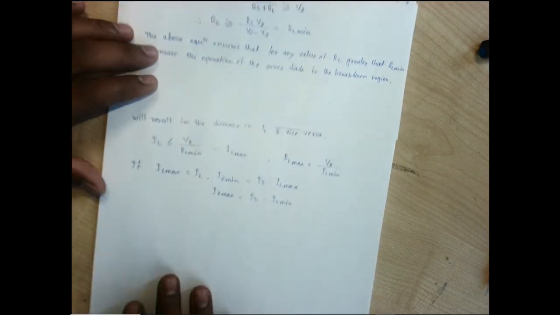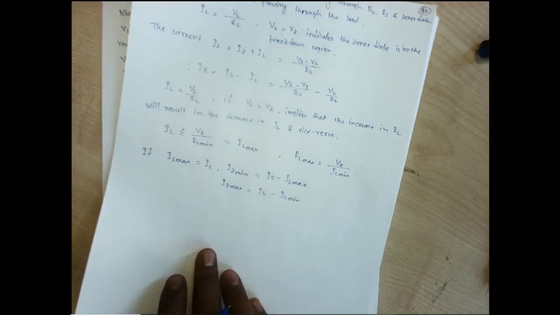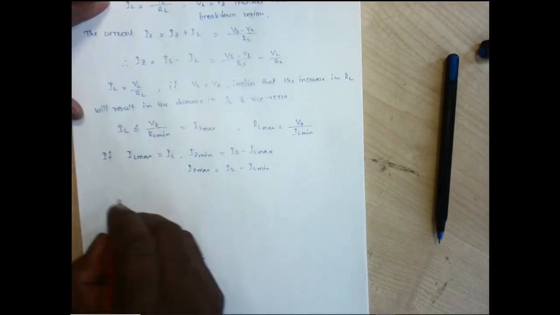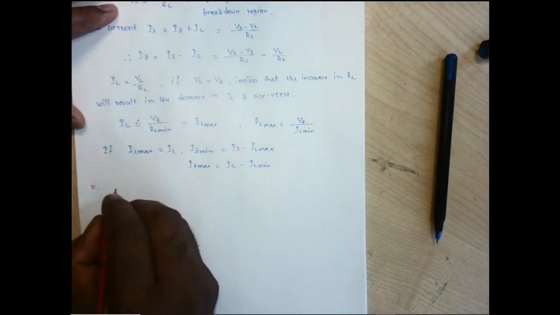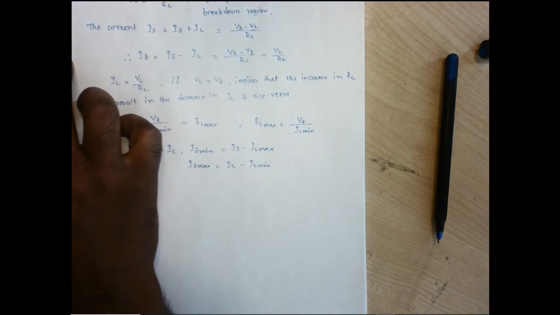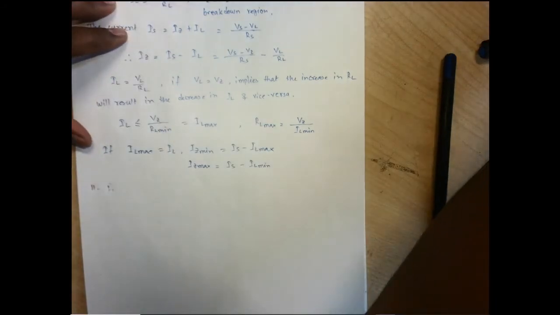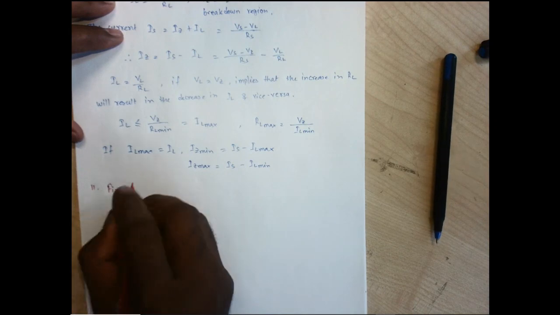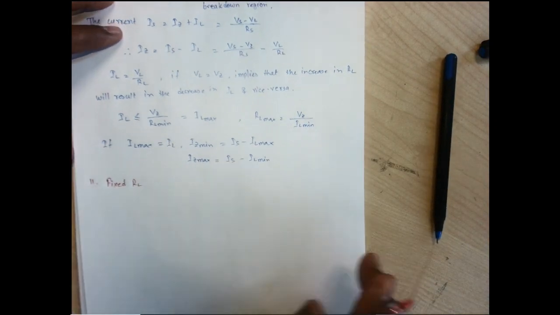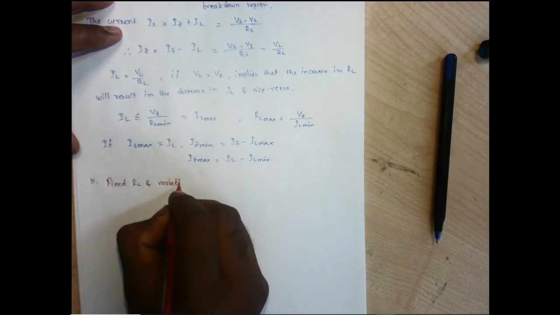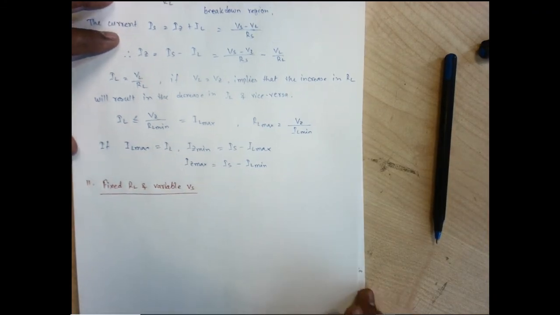Next one is the fixed RL and variable Vs. Now our RL is fixed, but our supply is variable. Now our source is varying.